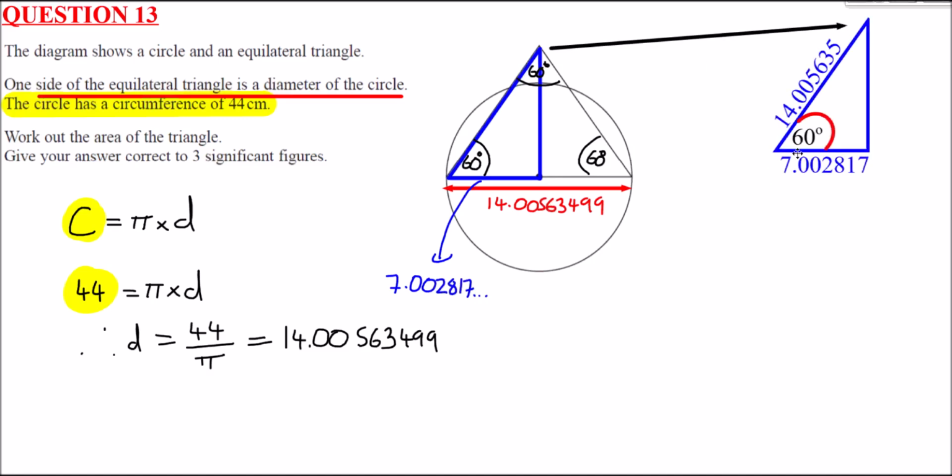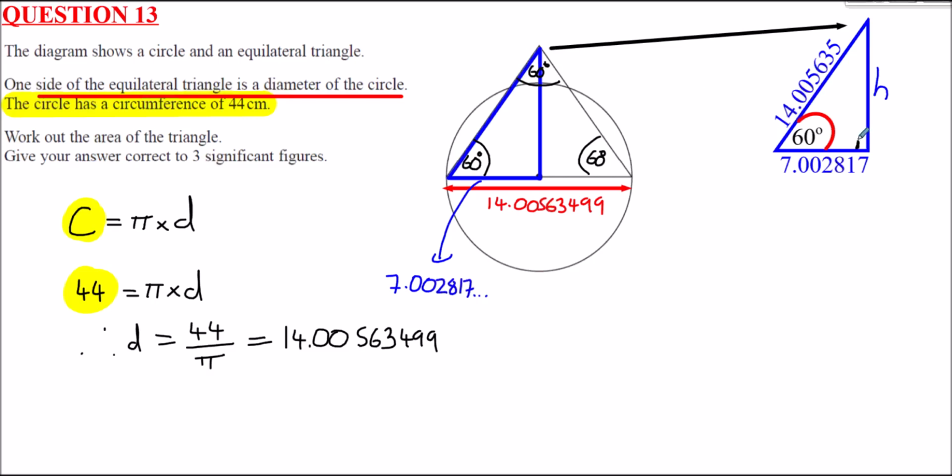Okay, so the bottom side of this triangle I've gone over in the blue colour has a base of 7.00. This side here is 14.005635 and so on, and that's 60. I can now use right angled trigonometry to work out this side here, which is side H. So how am I going to do that using right angled trigonometry?